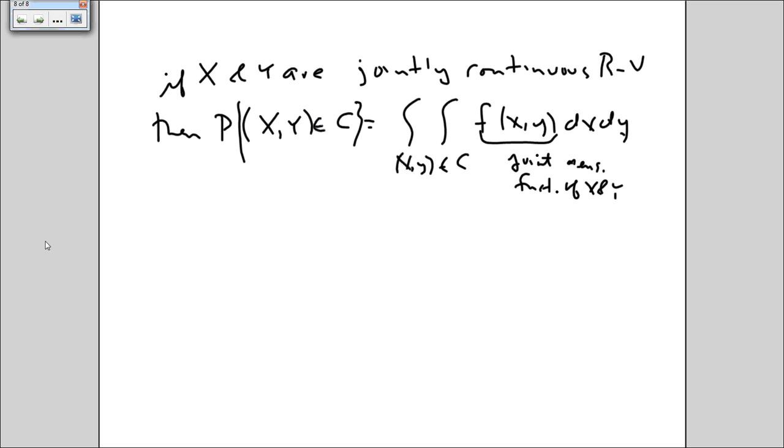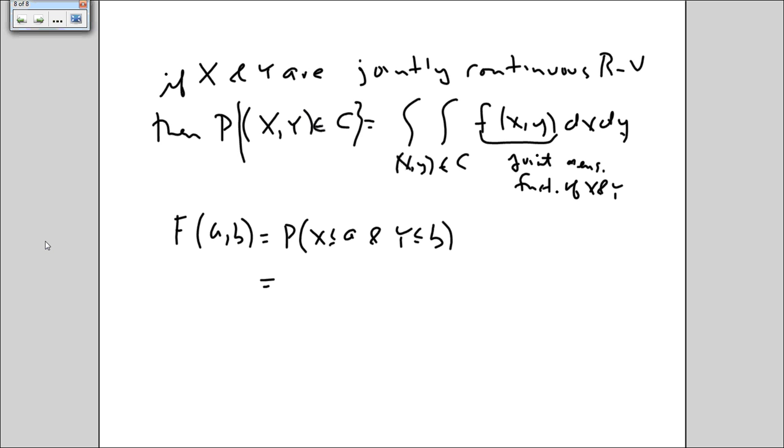So, for example, what would F of AB equal? Now, remember, this is the probability that x is less than A and y is less than B. Okay?